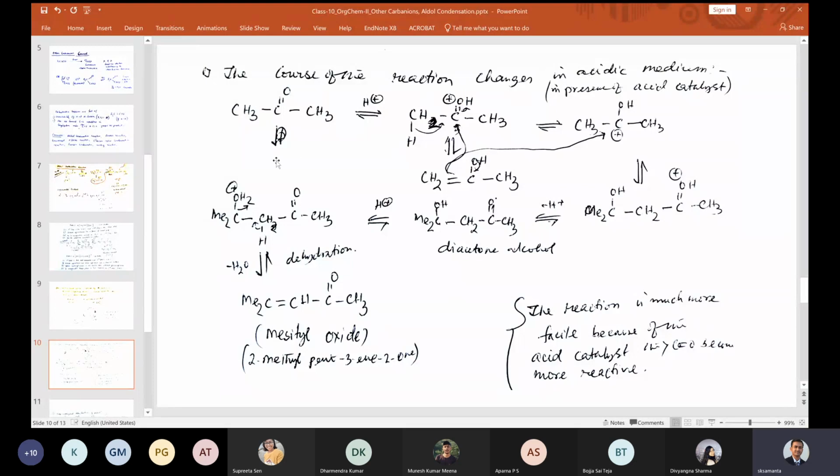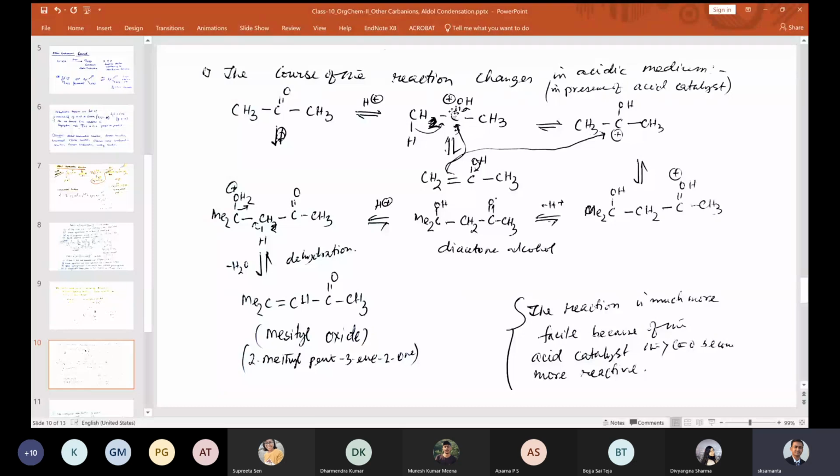Why? What happens here? So we have this acetone, we take a proton, it protonates. The moment it protonates, this carbon now gets the delta positive character. That means the electrophilicity of this carbon increases drastically.